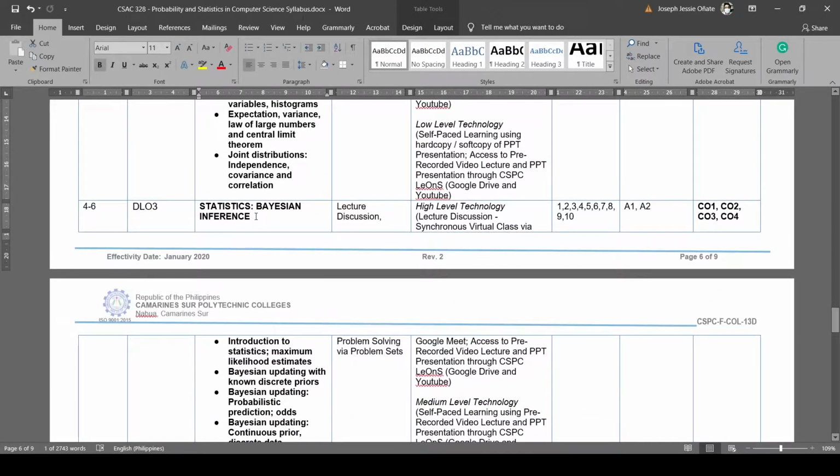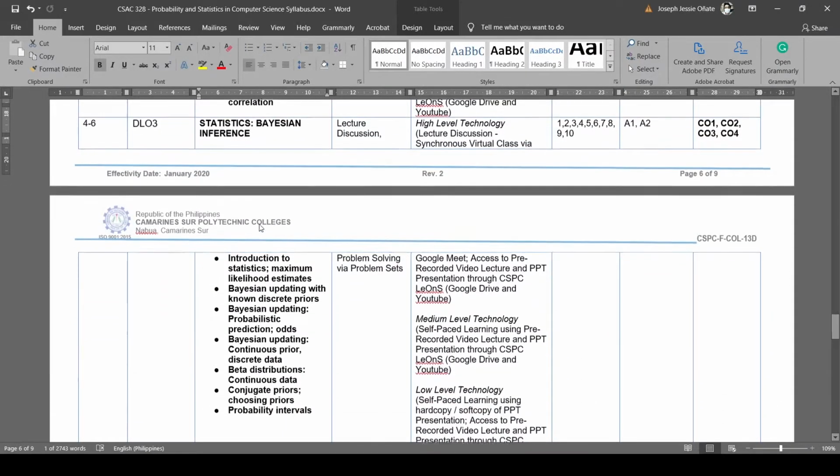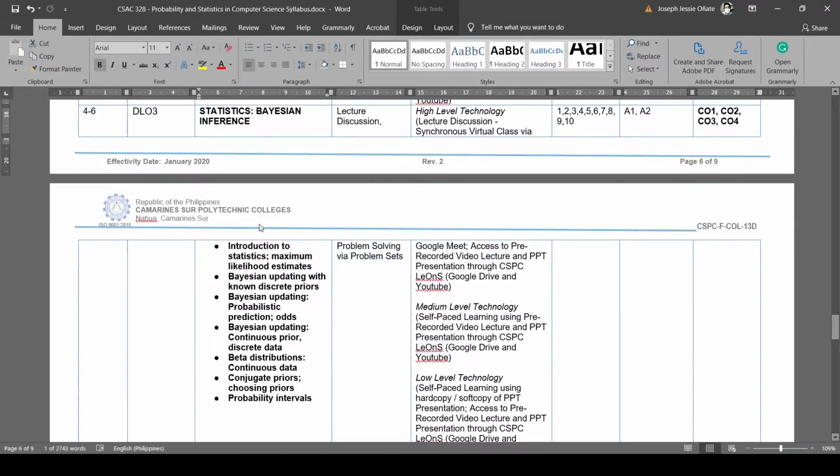For weeks 4 to 6, we'll discuss statistics. We'll discuss the first school of statistics, which is Bayesian inference. Later on, I will introduce to you the 2 schools of statistics, Bayesian inference and frequentist inference.